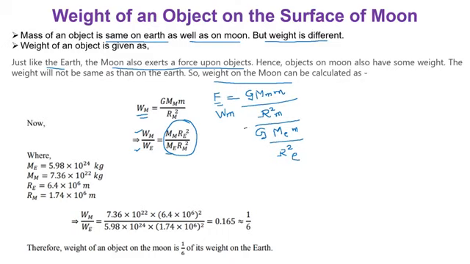We are dividing this with this. So this particular thing will go up, it will become reversed. So G, M, mass of the Moon, mass of an object, divided by the square of the radius of the Moon.